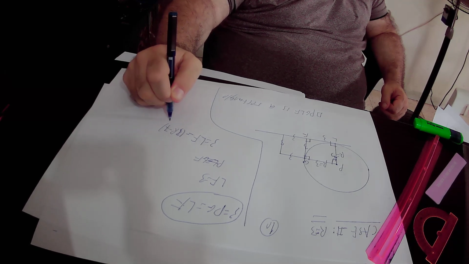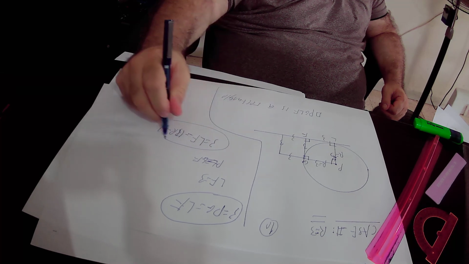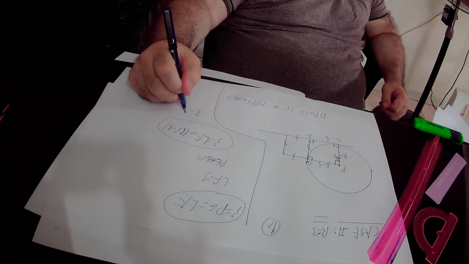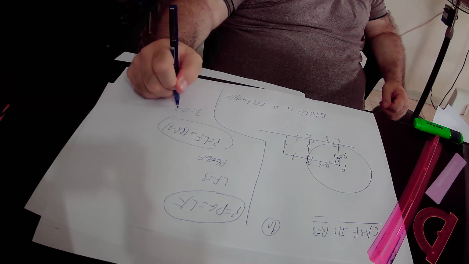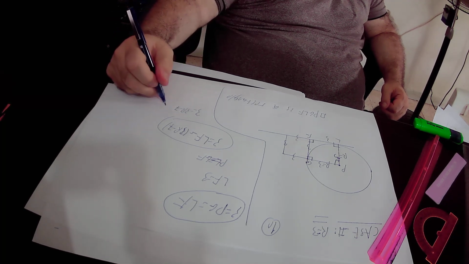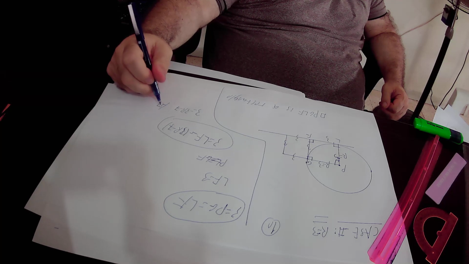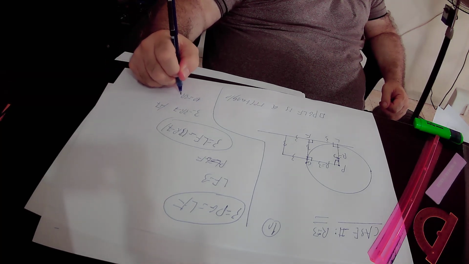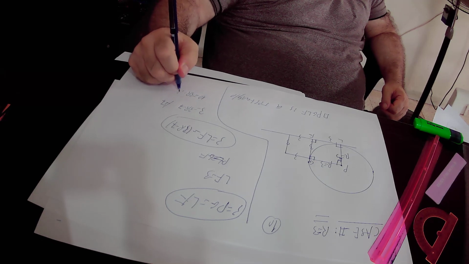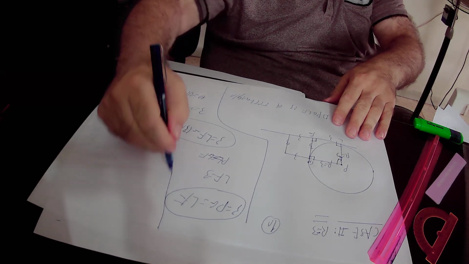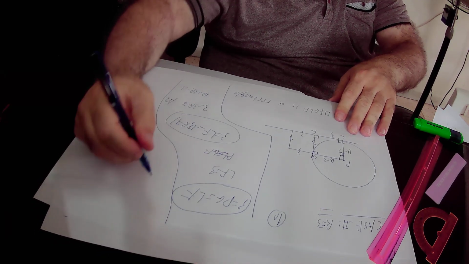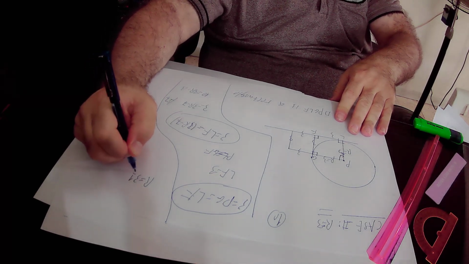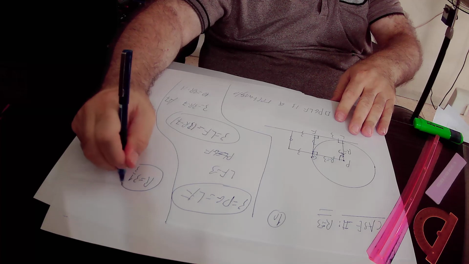And from this equation 3 equals LF equals 3R minus 7, we derive that 3 equals 3R minus 7. We will add 7 to this equation and we will get that 10 equals 3R. We divide this equation by 3 and we get that R equals 3 and a third.